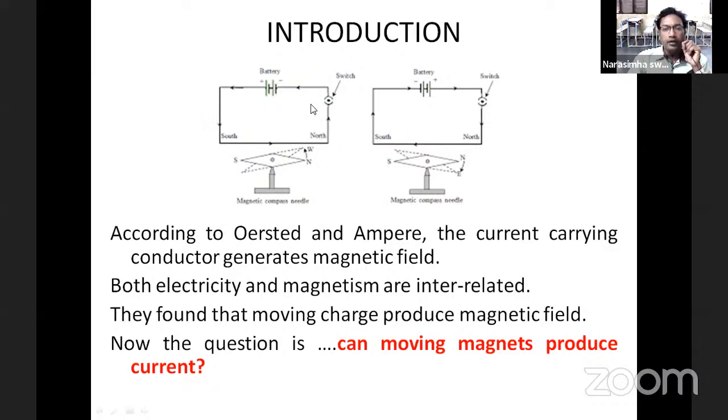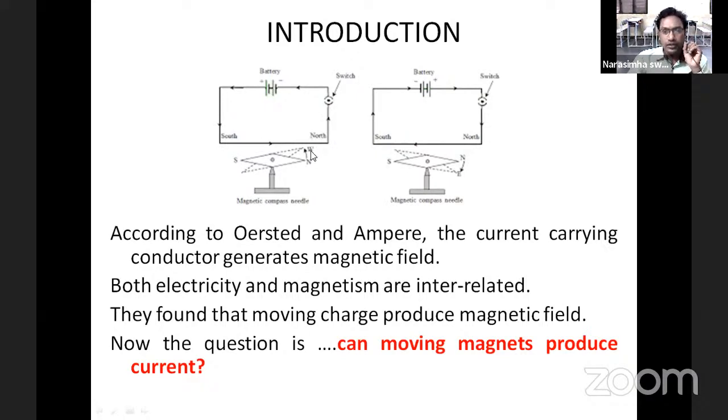I am repeating, whenever a current flows through a conductor, perpendicular to that the magnetic field also generates. This point is to be understood. Whenever a conductor carries current, then perpendicular to that a magnetic field will be generated.